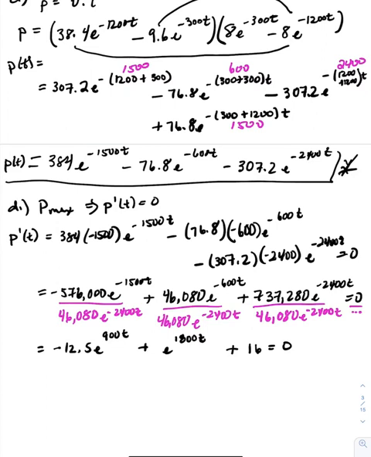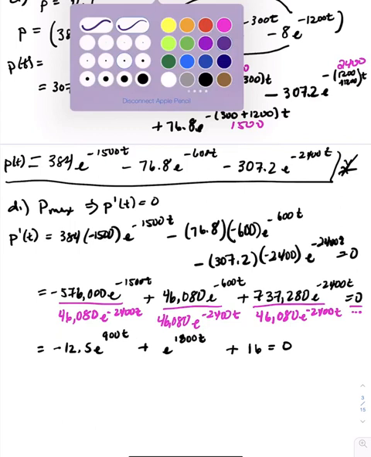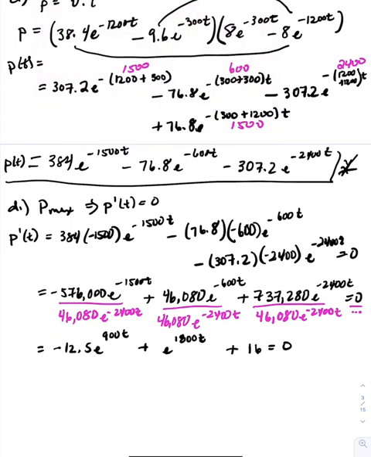Okay, so we need to solve for t. The easiest way to do this is to set x equal to e to the 900t. So x squared would be e to the 1800t.